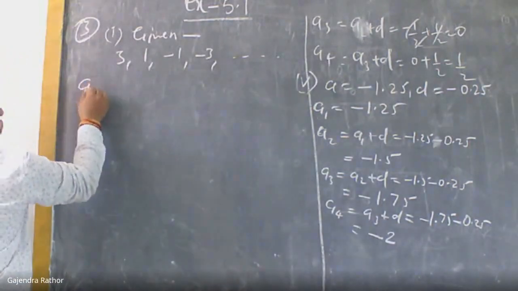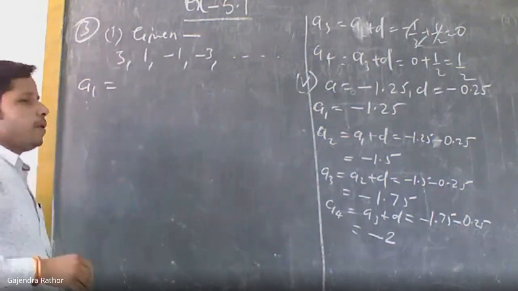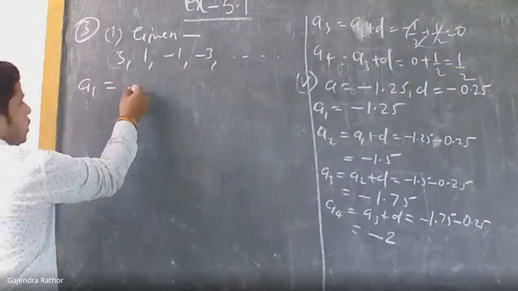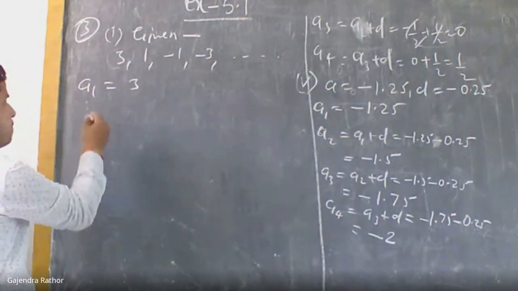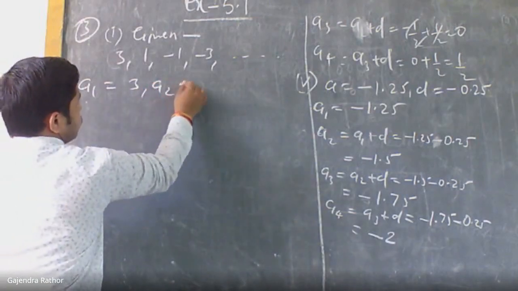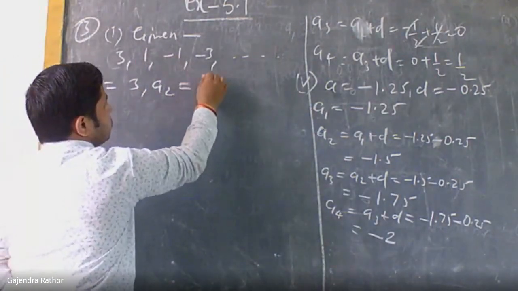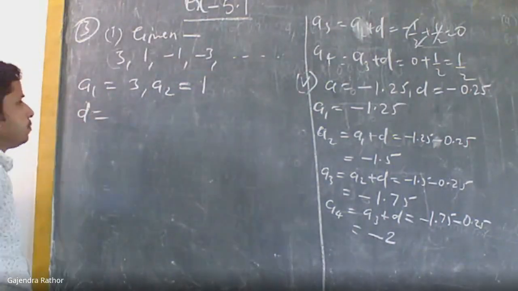The first value of an AP is always the first term. So A1 is equal to 3. Now A2 is equal to, what is A2? 1. Now we find the common difference.